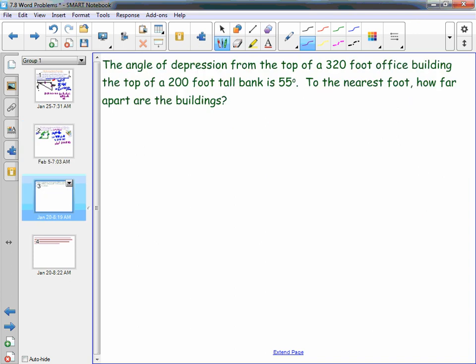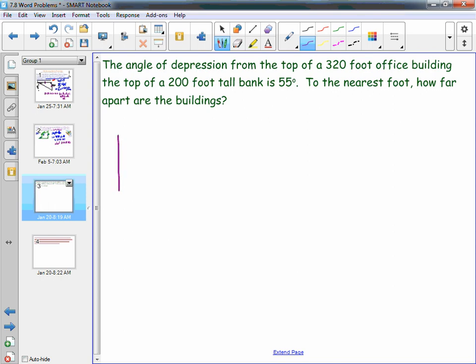Our next example. Again, we are going to start with determining are we looking down or up from the horizon. This one says the angle of depression from the top of a 320-foot office building to the top of a 200-foot tall bank building is 55 degrees.